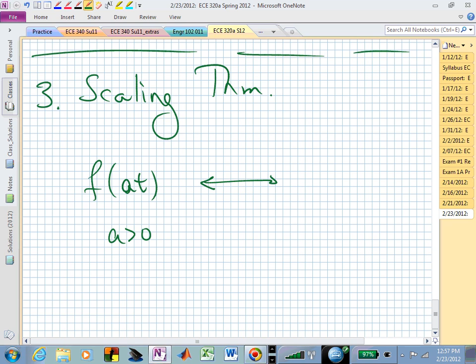But let's just concentrate on positive A's for now. This now says that if I scale the time axis, not only will I scale the frequency variable, but I will also scale the entire transform by 1 over A.